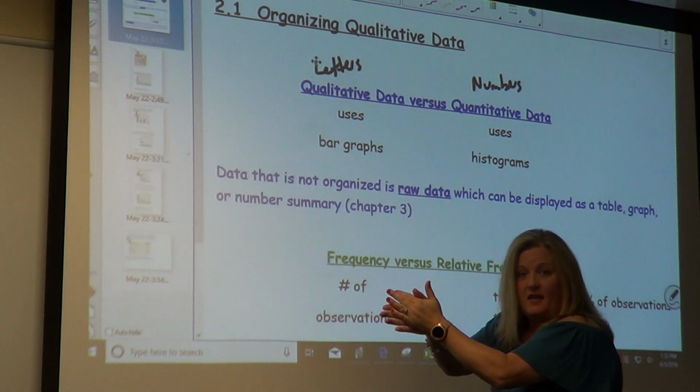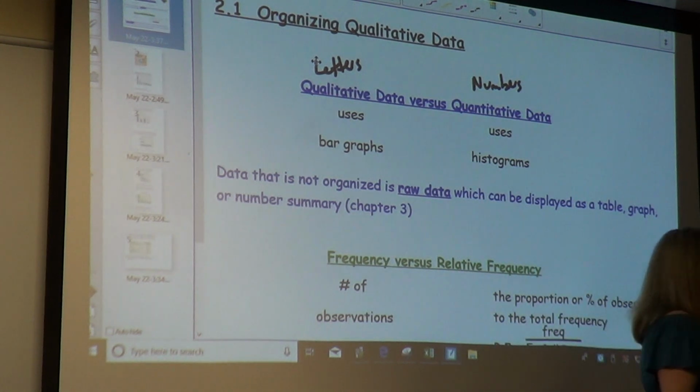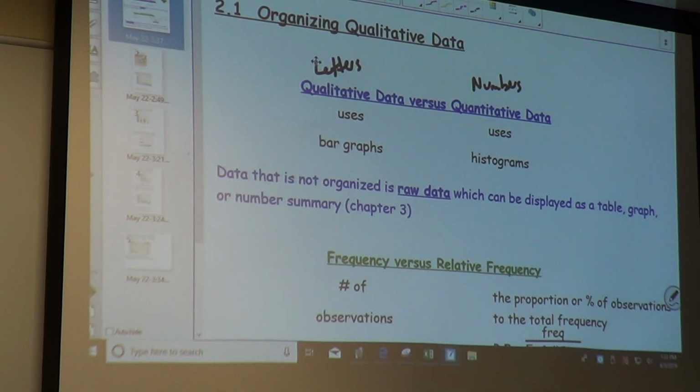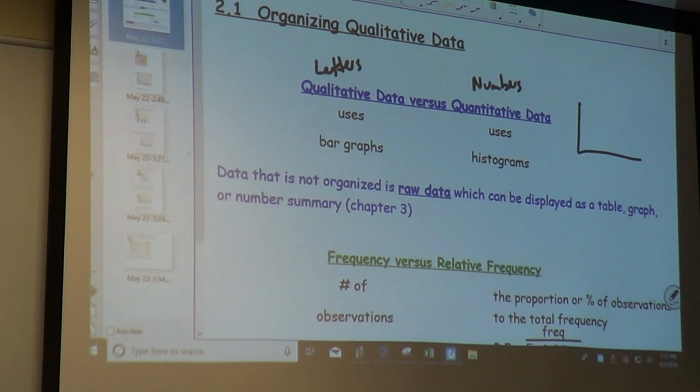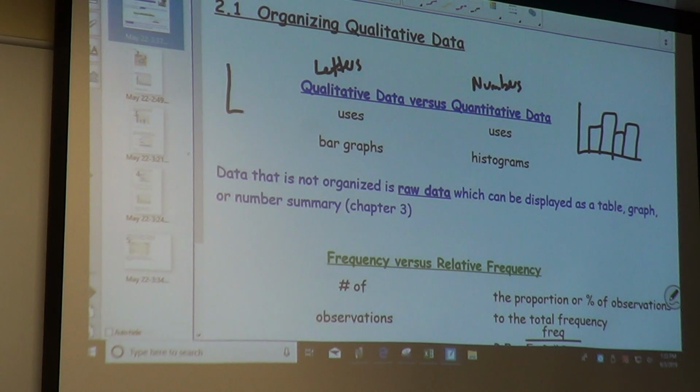I don't remember what a histogram is. Let me show you. Tell me the difference between a bar graph and a histogram.